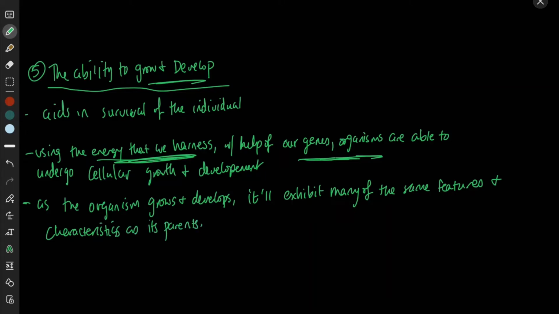Because the genetic code comes from the parents. The whole part of reproduction is passing on those genes. And so by using the energy from the environment or from whatever source, and then using the genes that have been given to the organism by the parents, it's able to undergo cellular growth and development, and ultimately it will exhibit many of the characteristics and features of the parents themselves, because again, the genes came from the parents.